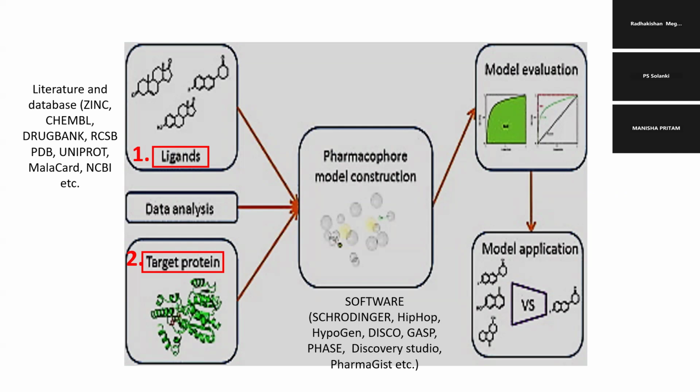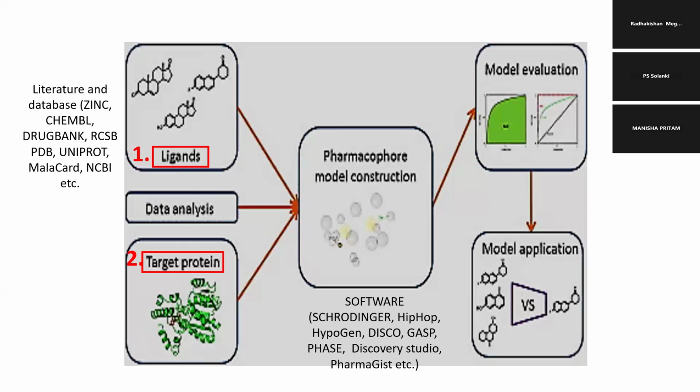It can provide you the tertiary structure of a protein, or you can say the co-crystal structure of a protein. Sometimes it also provides the ligand and protein complex, which is very useful for pharmacophore-based model prediction or development. You can also use UniProt, MalaCards, and ClinVar. These are the different databases that we are going to use for pharmacophore model development.